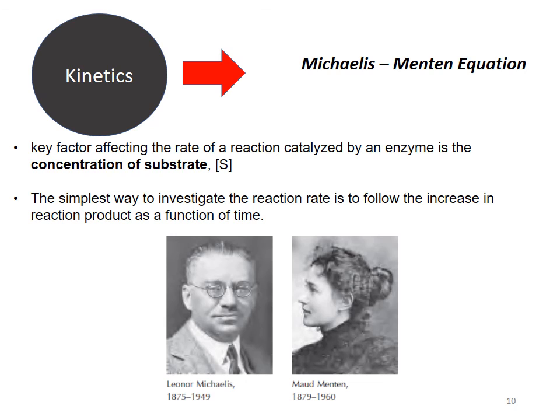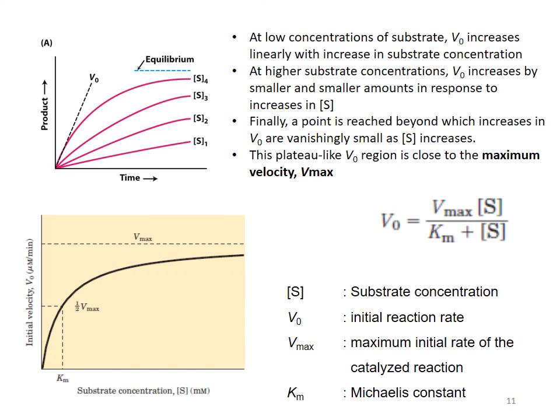The graph of initial velocity versus concentration of substrate gave a rectangular parabola, and it is termed the Michaelis-Menten plot.